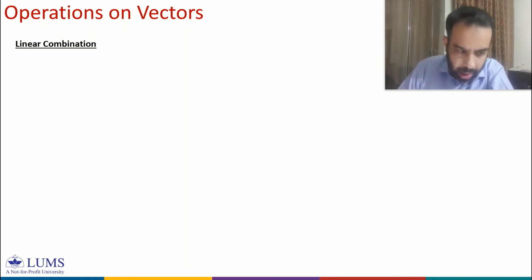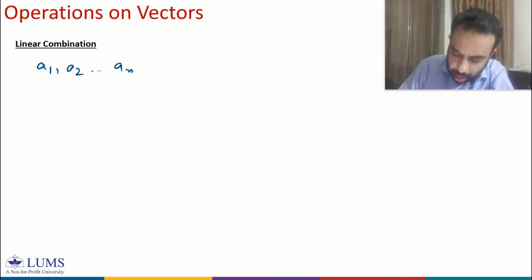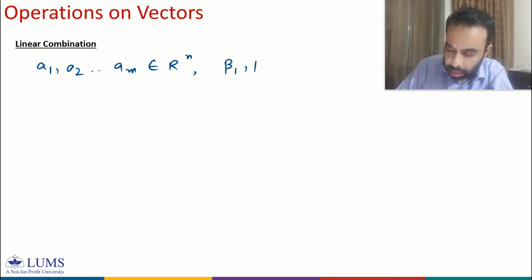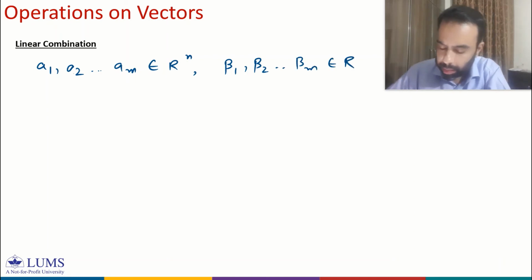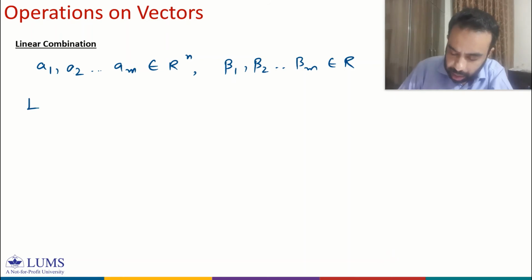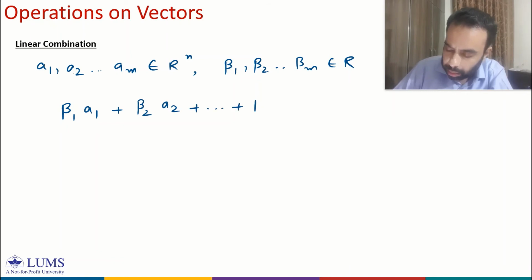So we can say that if we have vectors a1, a2, up to am belonging to Rn, and we have m number of scalars beta 1, beta 2, up to beta m, and they all belong to R. A linear combination of these vectors is defined as beta 1 times a1 plus beta 2 times a2 and so on up to beta m times am.